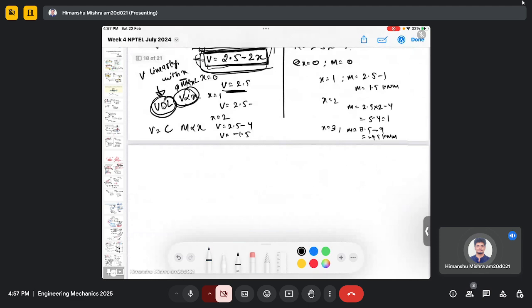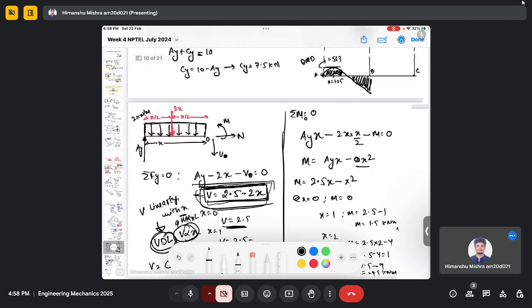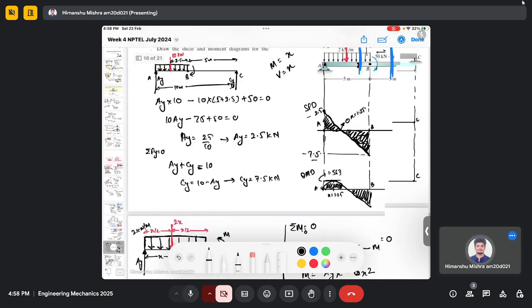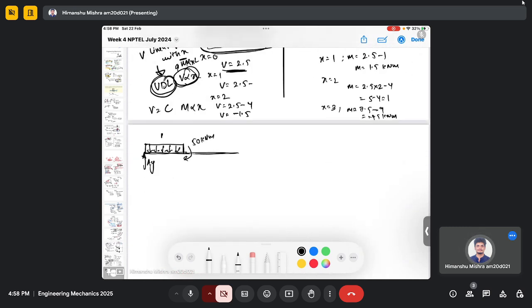So my free body diagram will be as follows, and this is 2 kilonewton per meter over 5 meter. So this is 10. Equivalent point load is 10. This is 5 meter and the overall length is x.